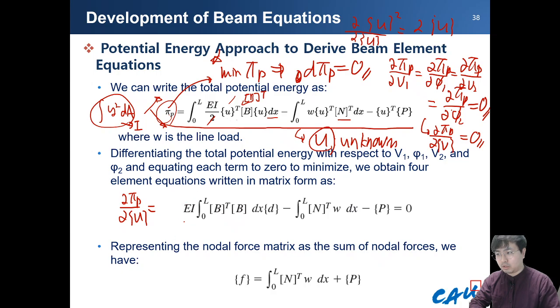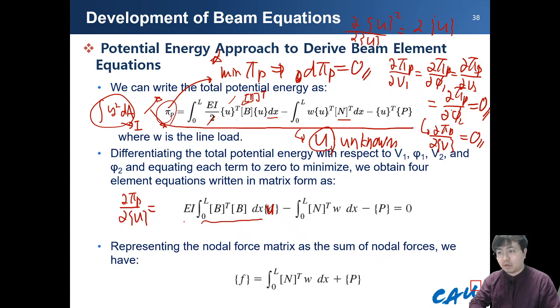The remaining things are Young's modulus and the moment of inertia, and one term is removed. The remaining are B transpose and B matrices, and then U the same, but it is independent of the function of x, so only the B matrix has some variable x inside.